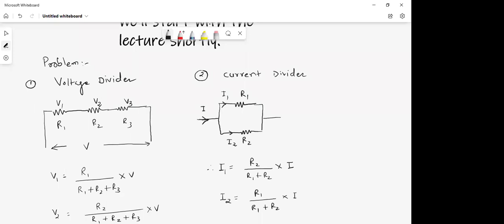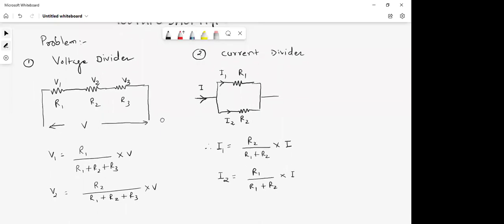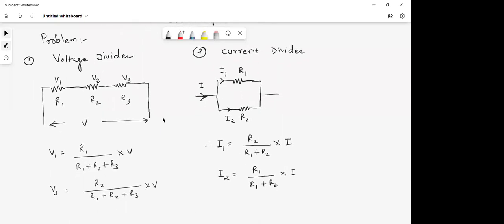Okay. So those who are not present in the last lecture, please take a note of this part so that we can start with.